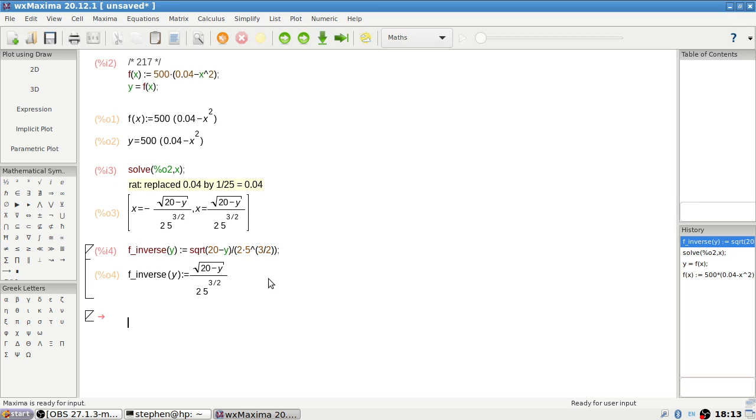Now that we have the inverse function, it is used to find the position or the distance given the velocity. And then we just have to find the distance for velocities of 15, 10, and 5.